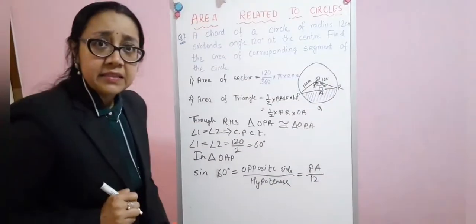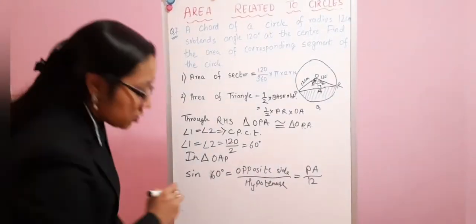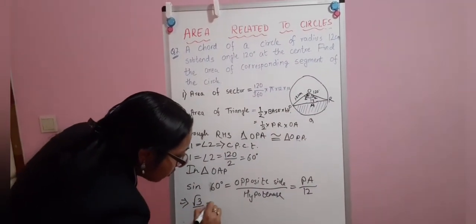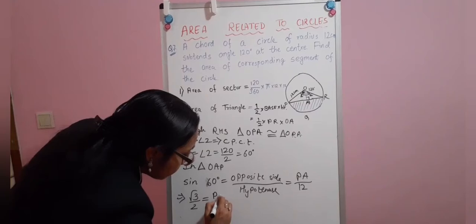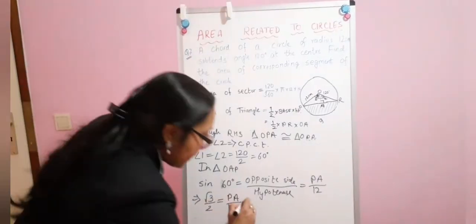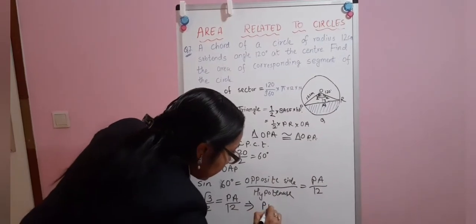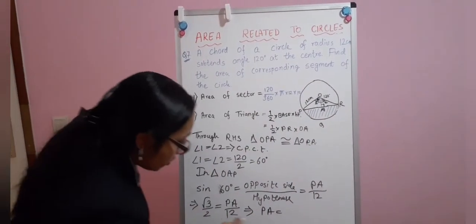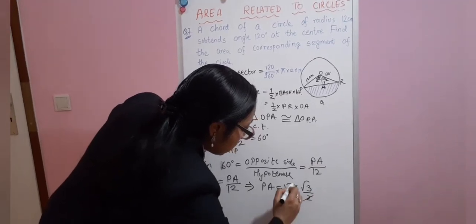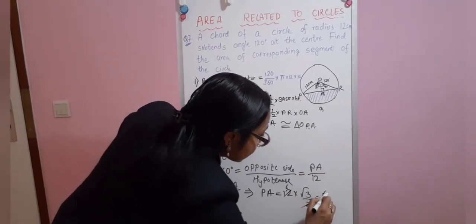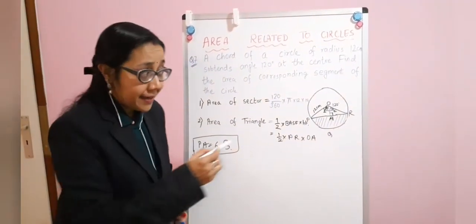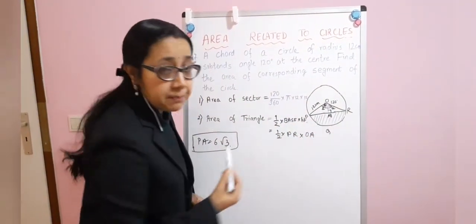And what is sine 60? It is root 3 by 2. So we can write root 3 by 2 will be equal to PA divided by 12. Or in other words, we can say PA will be equal to 12 times root 3 by 2. That means we can say 6 root 3. Okay, so we have already calculated half of the base, that is PA.